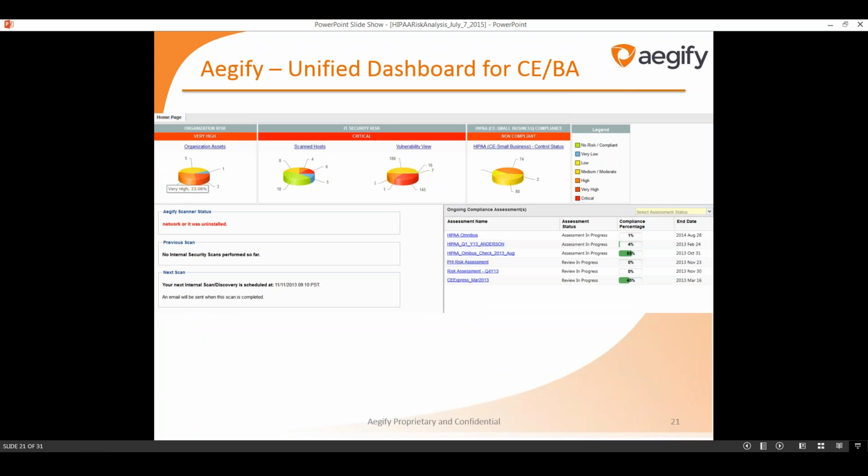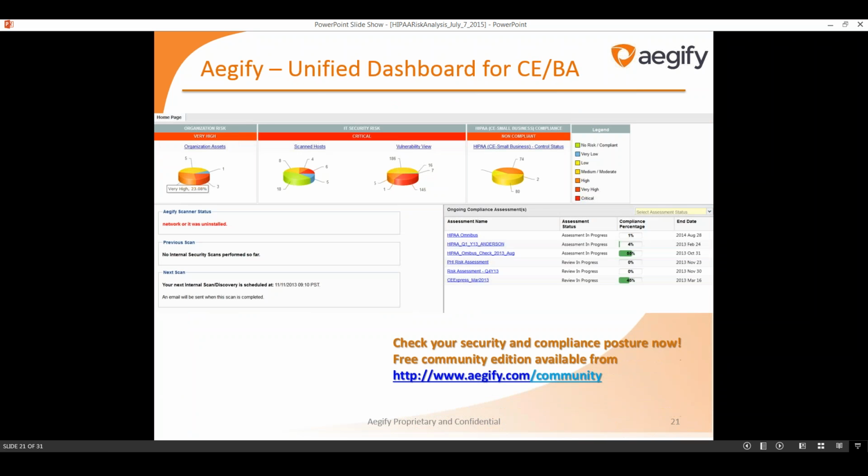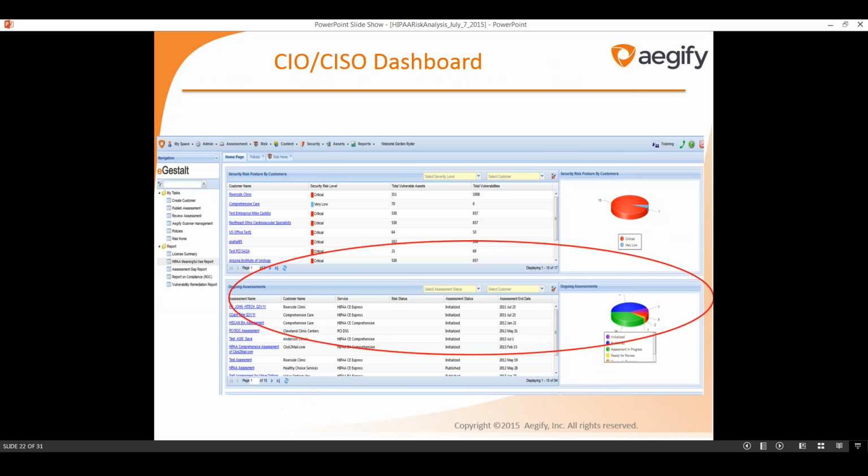I want to give you a quick flavor of the tool before we close in the next couple of minutes. One is that there is a real-time dashboard available to you. This dashboard will show you your overall risk posture, your security risk posture, and your compliance posture, in this case a HIPAA posture. You can see how many assets are in a critical state that have vulnerabilities that can be exploited, and your overall risk exposure, high, medium, low, so that you can address them as soon as possible.